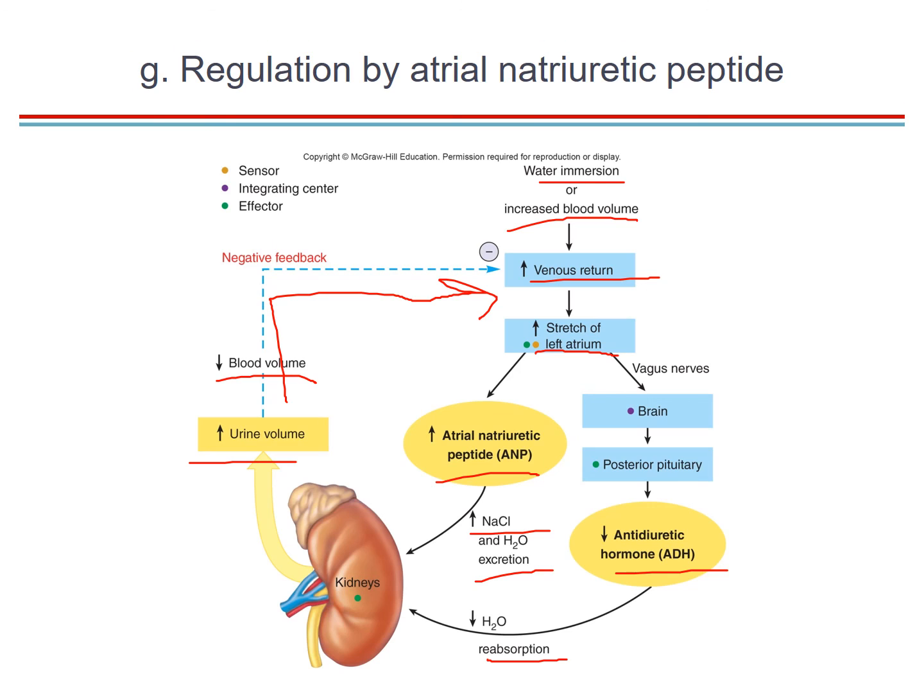So after some time, such as when we're in the water, then we don't have that sensation of having to urinate frequently. Okay, so this is going to be, however, an antagonist to aldosterone, where aldosterone is going to decrease sodium and water excretion and thus decrease urine volume.